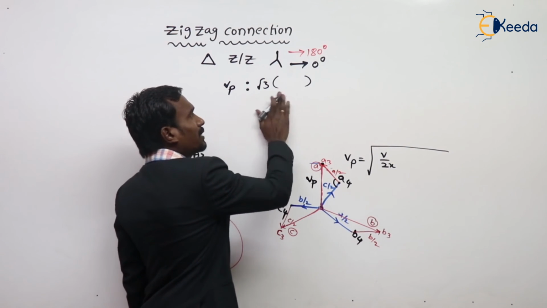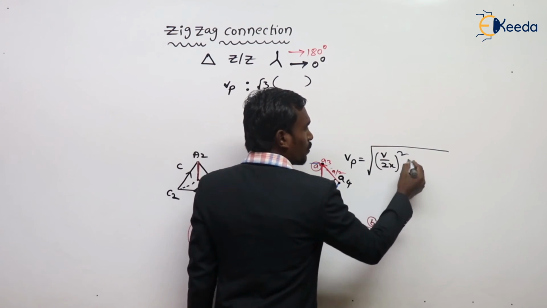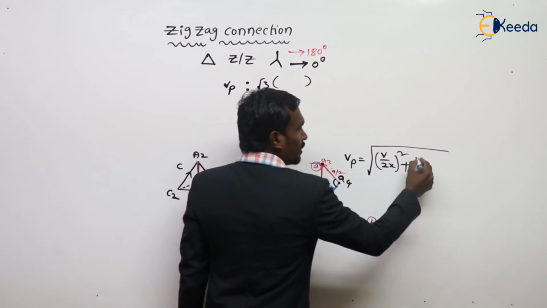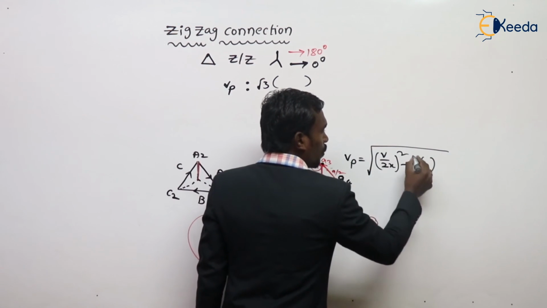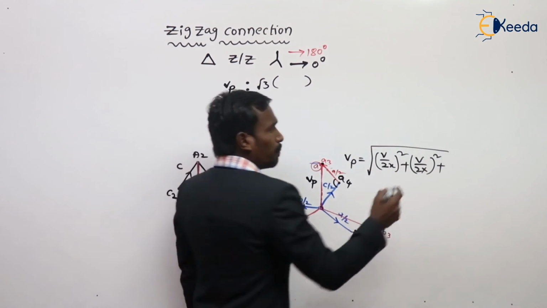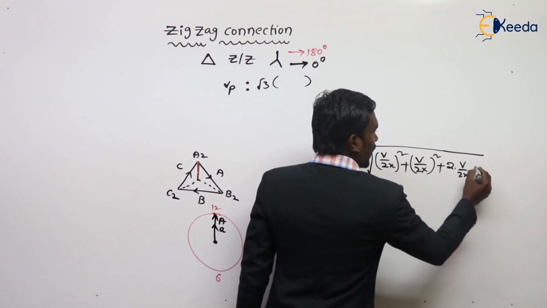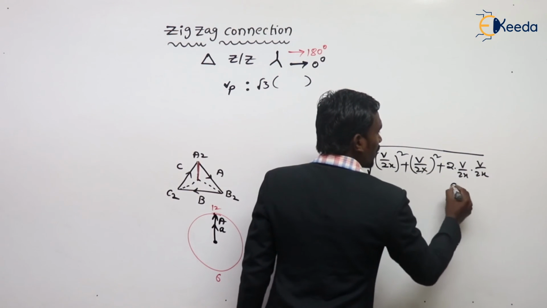Or I am taking directly V by 2x whole square plus V by 2x whole square, that is a square plus b square plus 2ab cos theta.